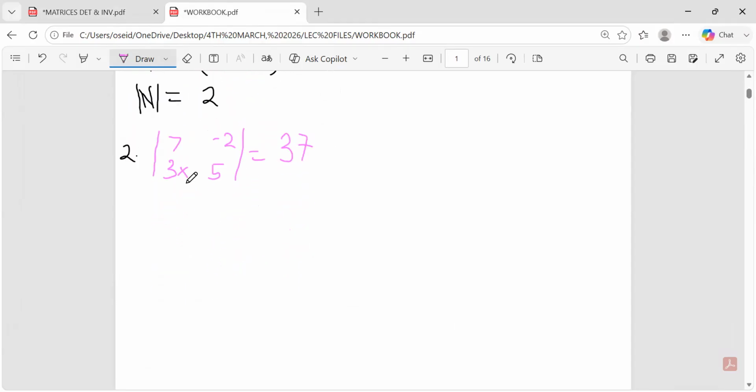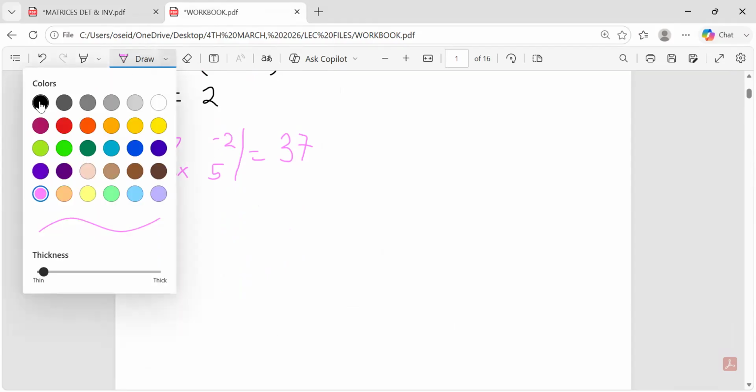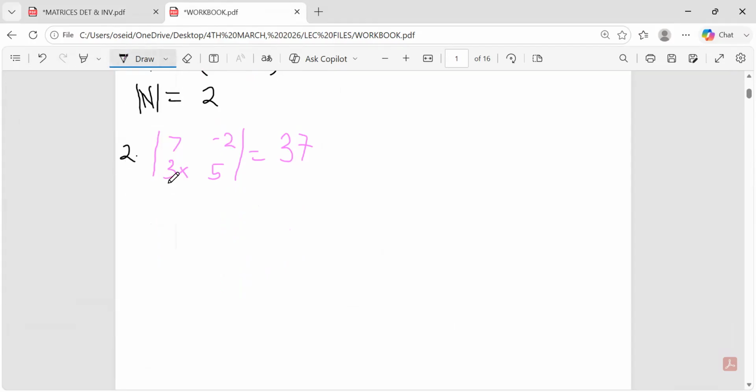Let's apply what the rule of determinant says. We multiply the leading diagonals, then we subtract the product of the other diagonal. So we are going to get the bracket of 7 times 5.